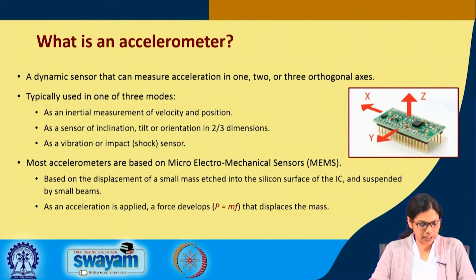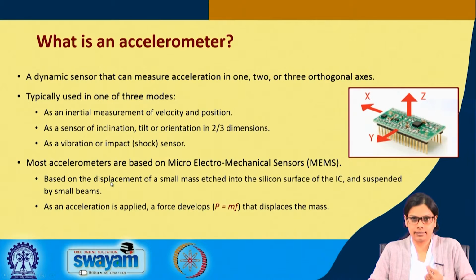Most of these accelerometer devices are based on micro electromechanical systems, called MEMS. So, it is based on this technology, and this is based on displacement of a small mass that is etched into the silicon surface of the IC and suspended by small beams.